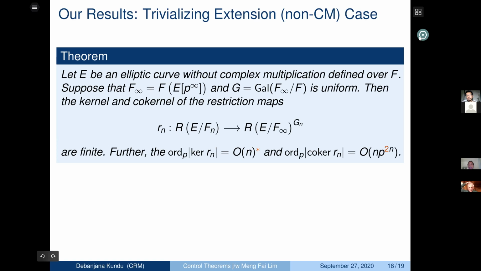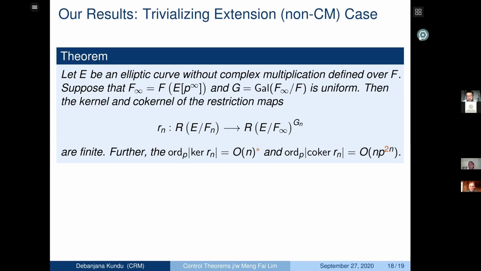And in the non-CM case, this is a dimension 4 non-abelian extension. And once again, you can show that the kernel has the same big O of n growth, which becomes finite and bounded when you have potential ordinary reduction.